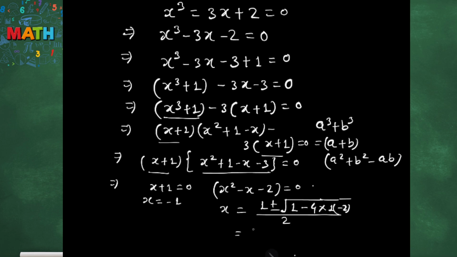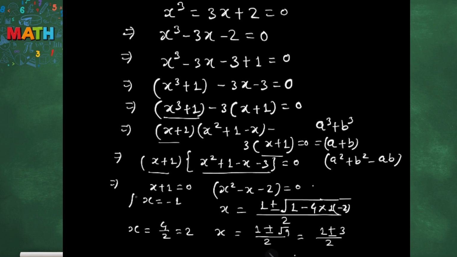If you simplify it further, 1 plus minus, this will become minus 8 plus 1, which is 9, so 1 plus minus 3 by 2. So there is one value, 1 plus 3, which is 4 divided by 2, so this is 2.